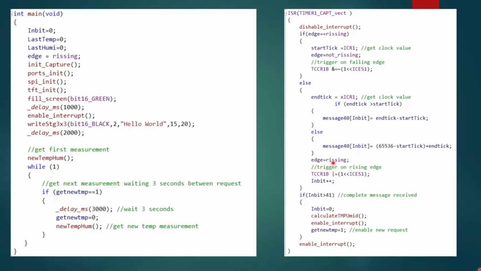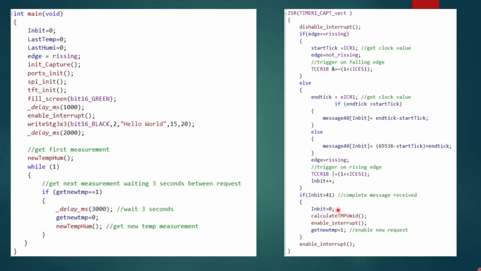I set the edge to rising again, set the trigger to be rising edge for the capturing, and then I increase my inhibits. Now, when my inhibits gets to 40, that means that I received the complete message.